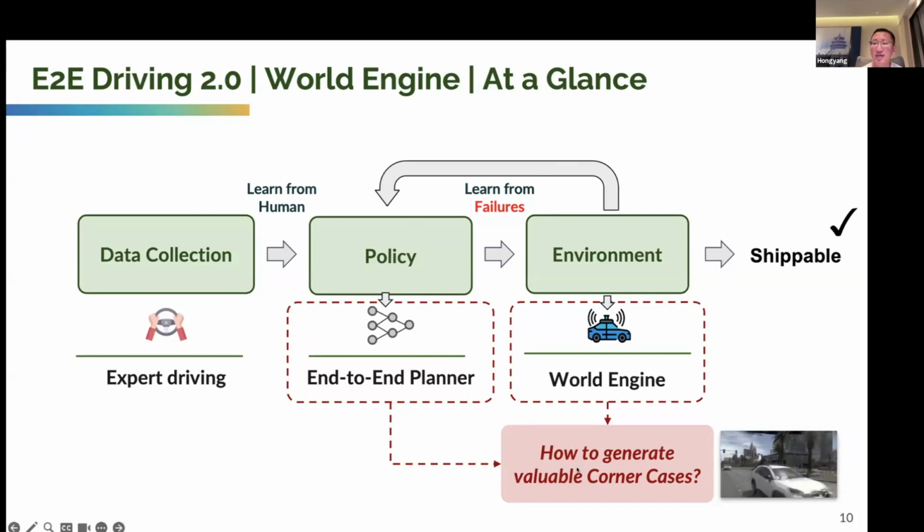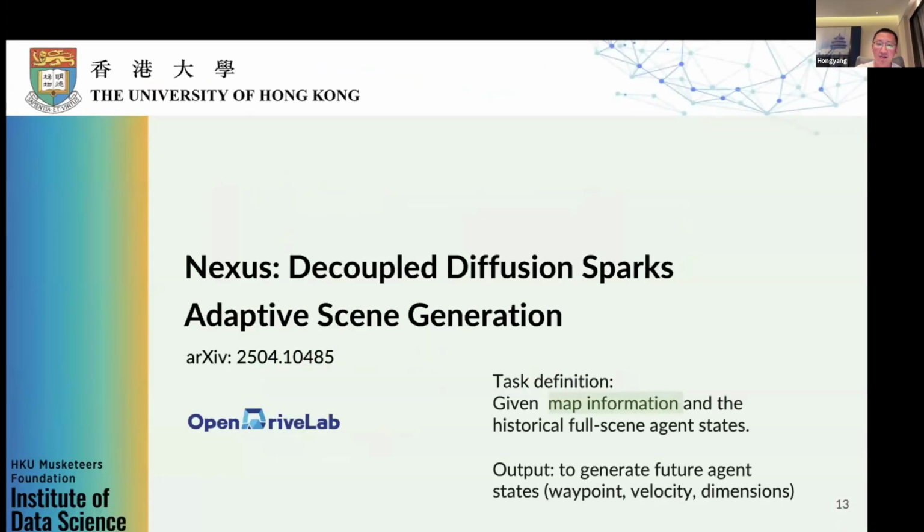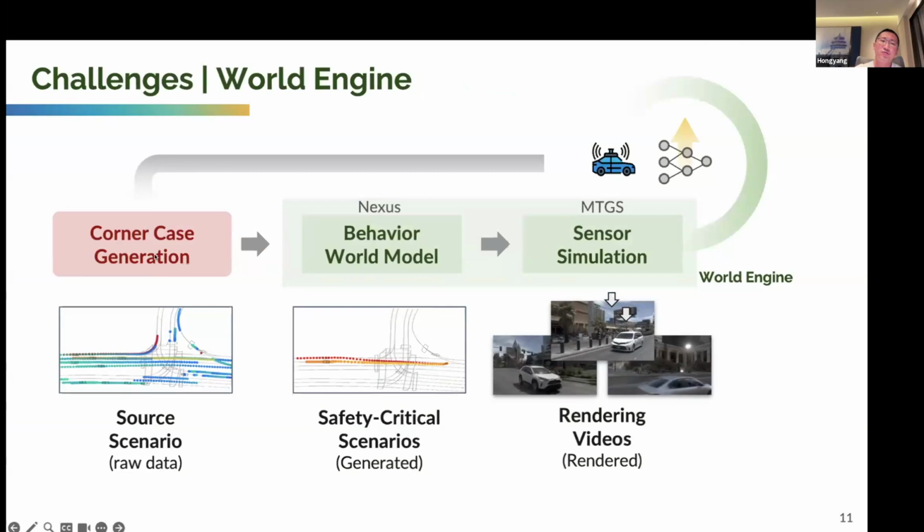So the key question is how to generate these valuable corner cases. The key part here, I think, consists of two parts. So here, this is the corner case generation. Given the source scenario from the raw data, we want to generate the safety critical scenarios. This is a generative part saving a lot of cost if you don't have a large fleet of cars. And this is on the behavior level of the world model.